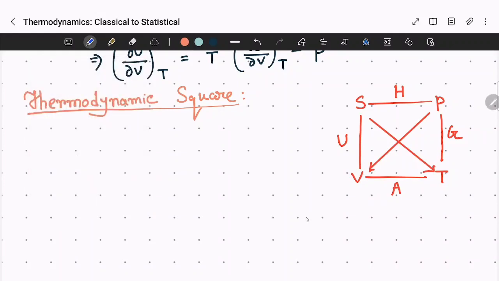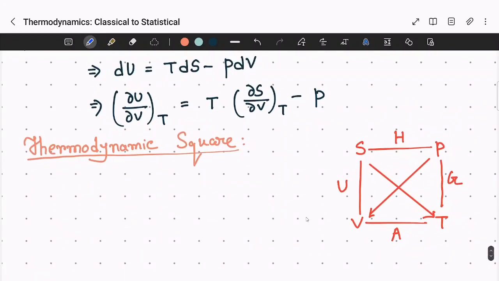It can be derived using our first law, our basic equations, but that is too elaborate to derive. Easily we can derive from the square.